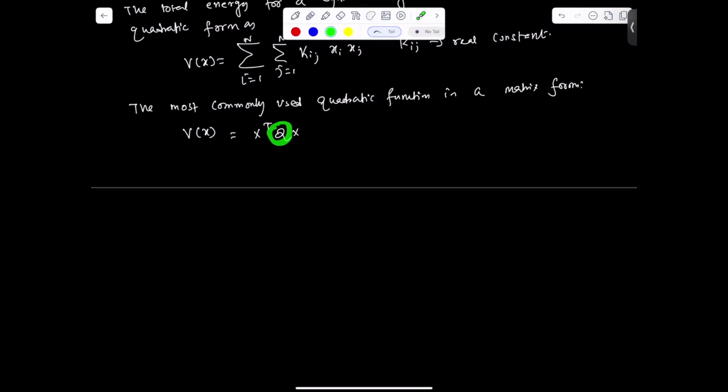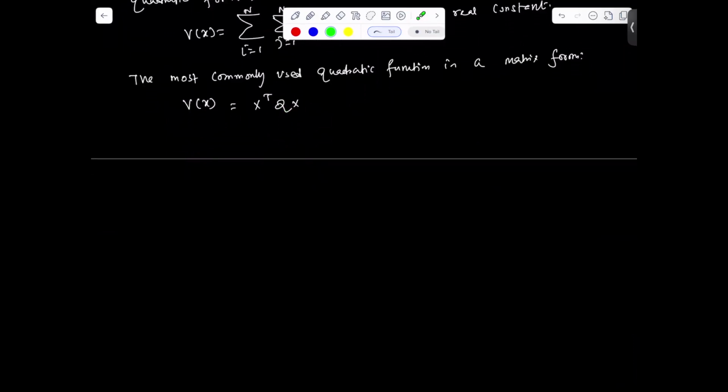Now if you notice here, this Q is very important. Based on Q, we can comment on whether V of x is positive definite or not. Let me do it, then I'll come up with a simple example and explain. Here Q is a matrix with entries Q11, Q12, ..., Q1n, Q21, Q22, ..., Q2n, and Qn1, ..., Qnn.